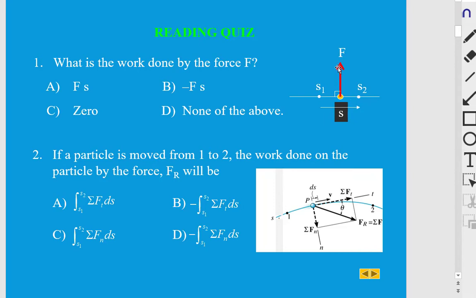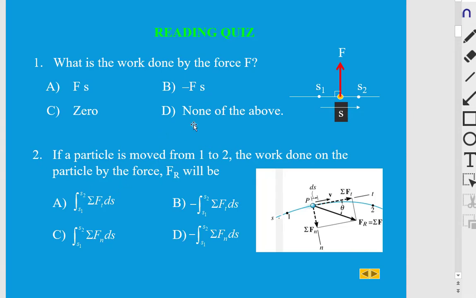Therefore, because this motion is not caused by that F, we expect the work of that force to be zero. We will see later that the definition of work is simply the force times the displacement multiplied by the cosine of the angle, which in this case is cosine 90, equal to 0. So the answer is 0.